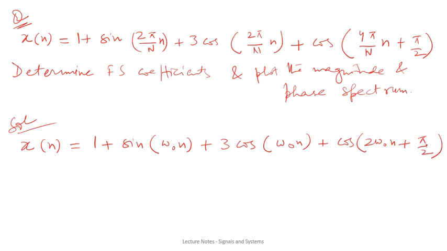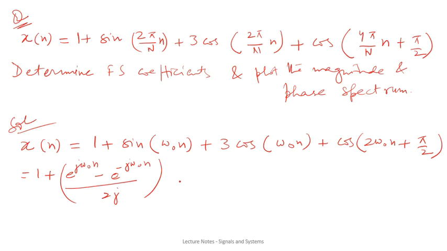Now from here you can just write it down in terms of the different complex exponential signals. In the same way, I think we have utilized this thing in some previous problem as well. So just utilize this same thing here also.